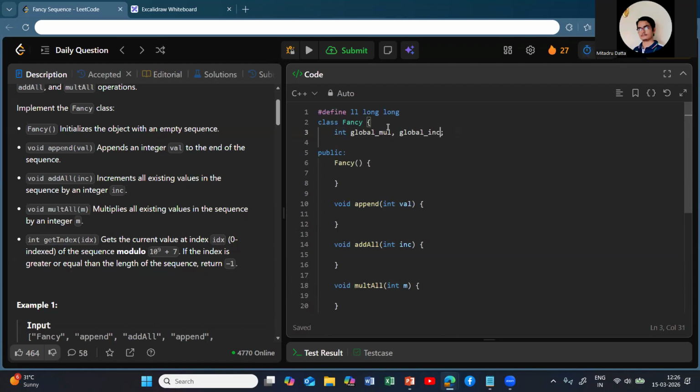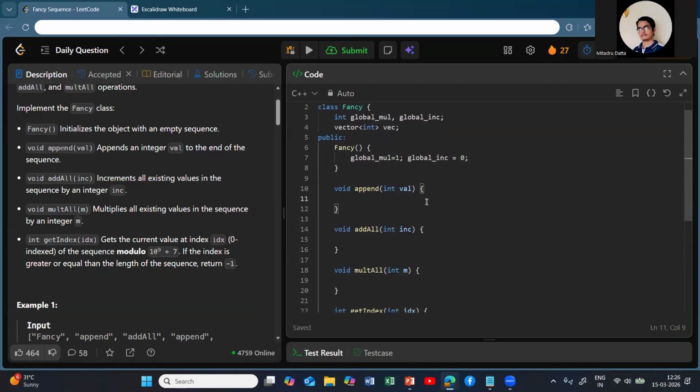We should not initialize in private variables only; we should initialize in the constructor. Anyway, we have a vector of int, and this will be our whole vector. When the constructor is called, you initialize the global multiplier by 1, and the global incrementer by 0.